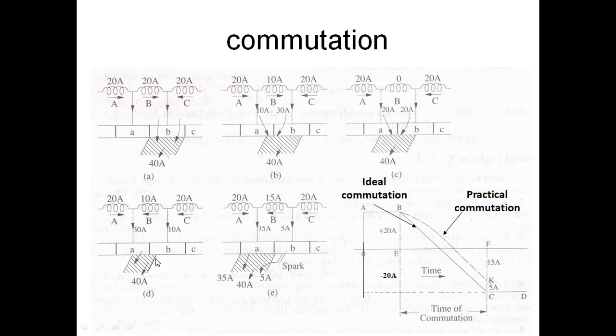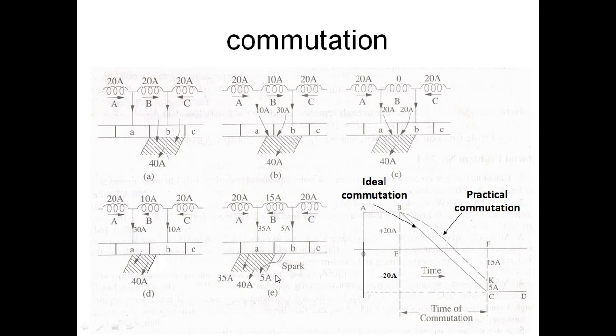Then the next one is the fourth: 20 amps in forward current and reverse current 20 amps plus 10 amps, that is equal to sharing with the 40 amps. And then the next diagram: 20 amps forward current and reverse current of 15 amps, then also the reverse current of 5 amps.